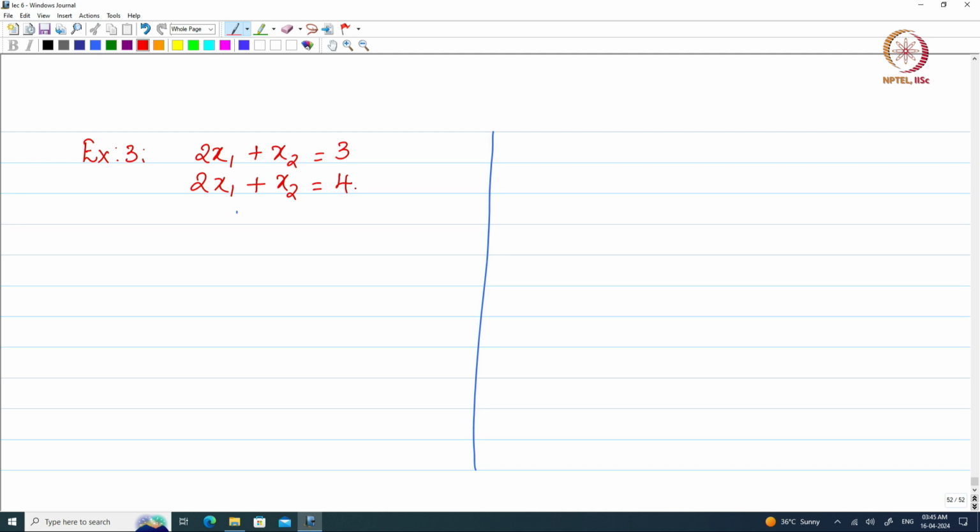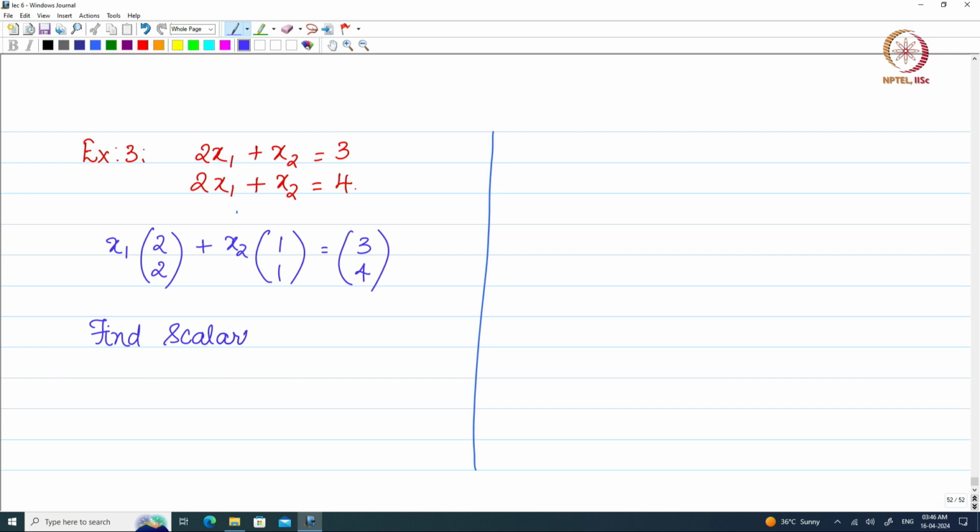Now again if we write it in the column format, we get x1 into 2 2 plus x2 into 1 1, and I want the right hand side to be 3 4. So the question is: find scalars x1 and x2 such that 3 4 can be written as a linear combination of 2 2 and 1 1.